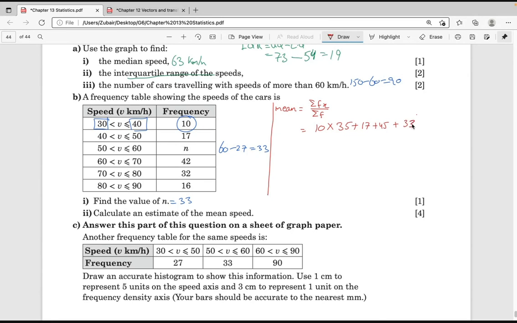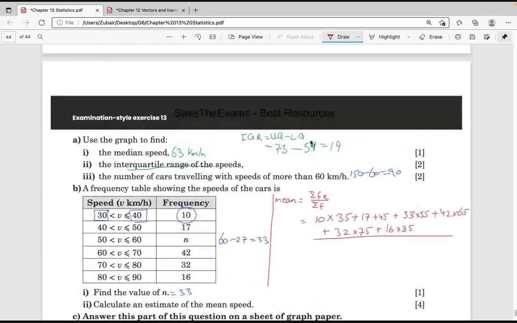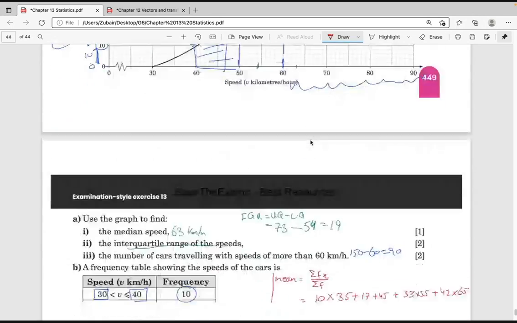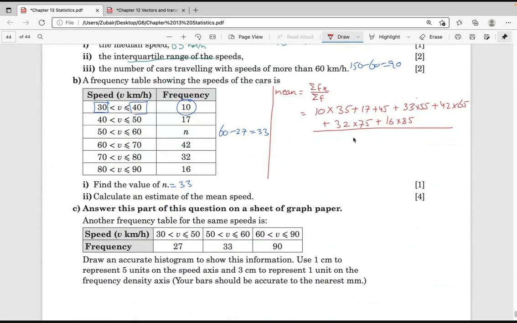10 plus 45 multiplied by 17 plus 5 multiplied by 50. Oh, sorry, I did it wrong. 55 multiplied by 33.